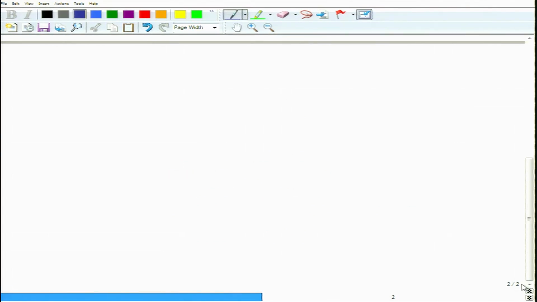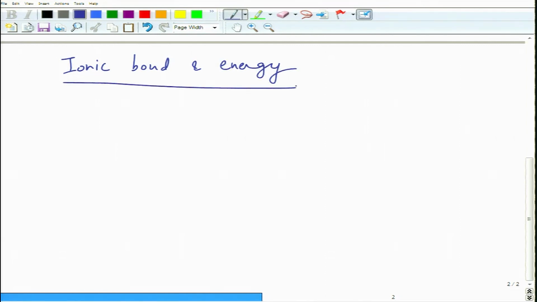So what we were discussing in the last class is about the ionic bond, right? Ionic bond and its energy. Because eventually this is what determines whether your solid is going to be stable or not.